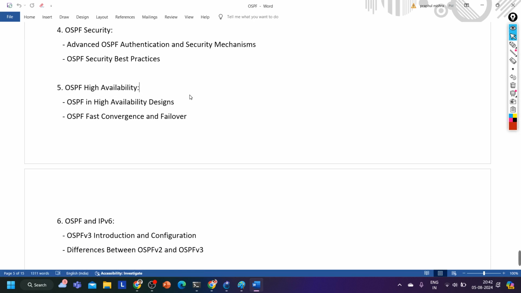Because let's suppose for a company the priority can be cost, the priority can be availability, the priority can be scalability. Means according to future growth, my network should be scalable, right? My network should be capable of handling more users, or I should be able to extend my network.